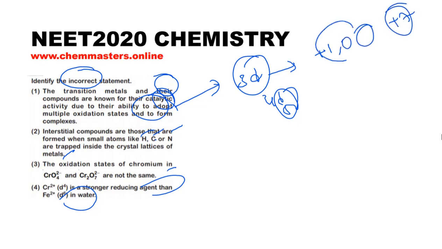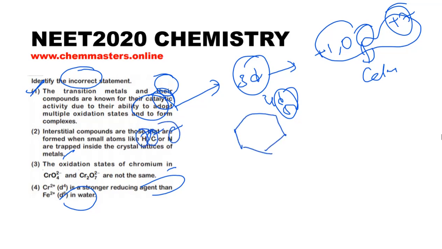Due to the various oxidation possibilities, the d-block elements or metals can act as catalysts. So that's why the first option is the correct one. Next, interstitial compounds are those that are formed when small atoms, here hydrogen, carbon or nitrogen, are trapped inside those big molecules. So this is the correct statement.